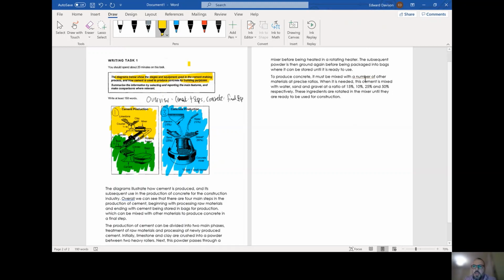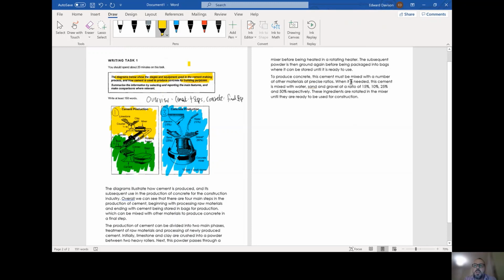When it is needed to produce concrete, the cement must be mixed with a number of other materials at precise ratios.